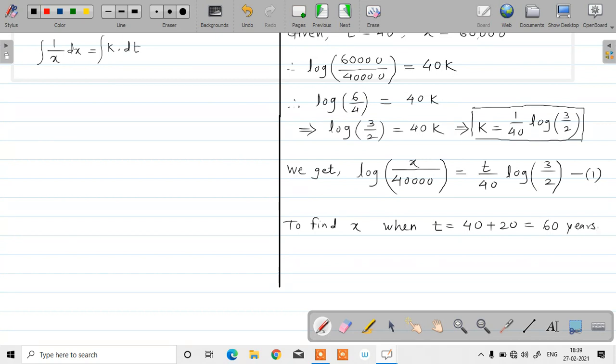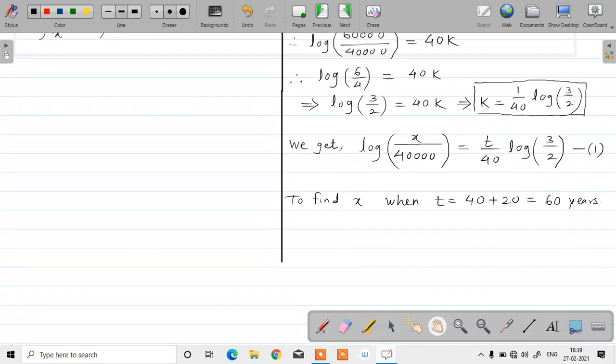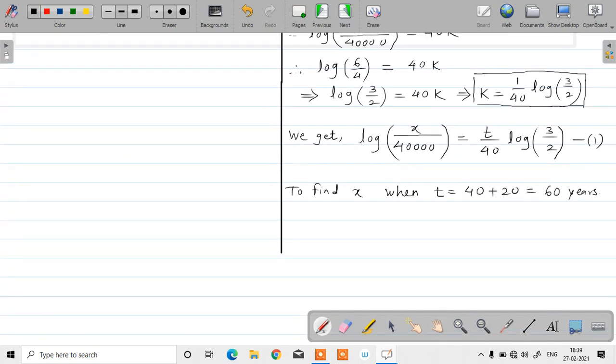So the value of t is equal to 60. So put this value in equation number 1 to find out the value of x. From equation number 1 we get log of x upon 40,000 is equal to 60 upon 40 into log of 3 by 2.